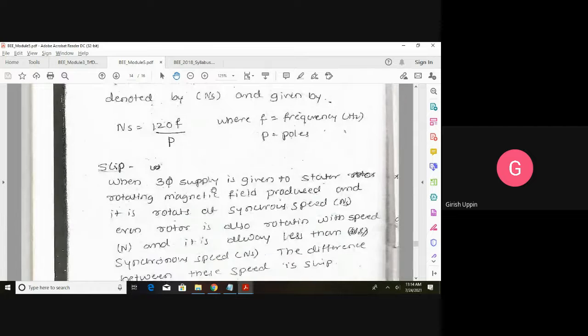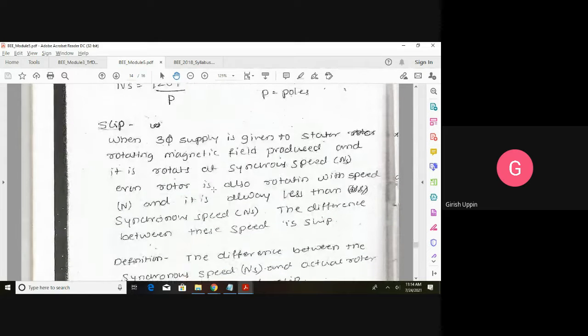Then slip. I told you how the rotor rotates. A rotating magnetic field is created. It rotates with the synchronous speed, and the rotor conductors cut that flux. EMF is induced, which results in a rotor current because the rotor is short circuited.